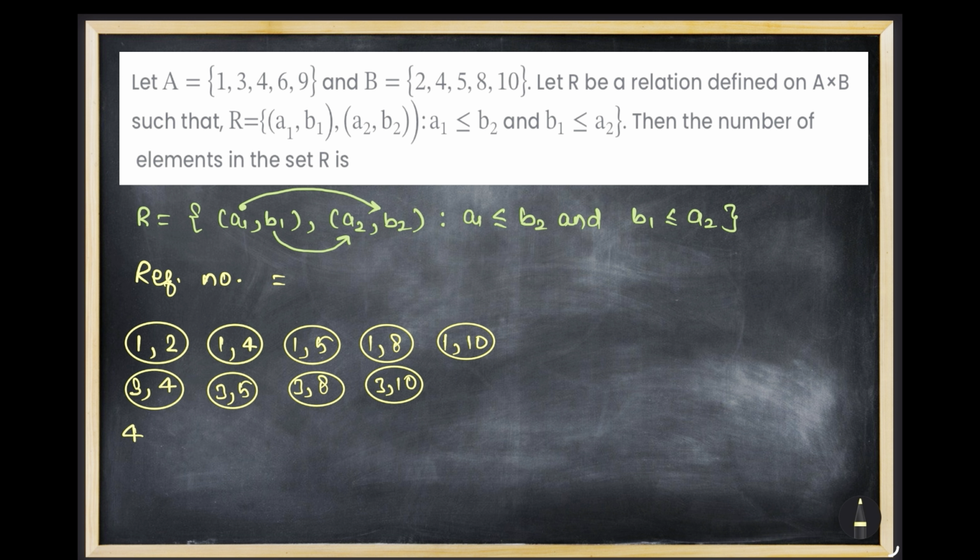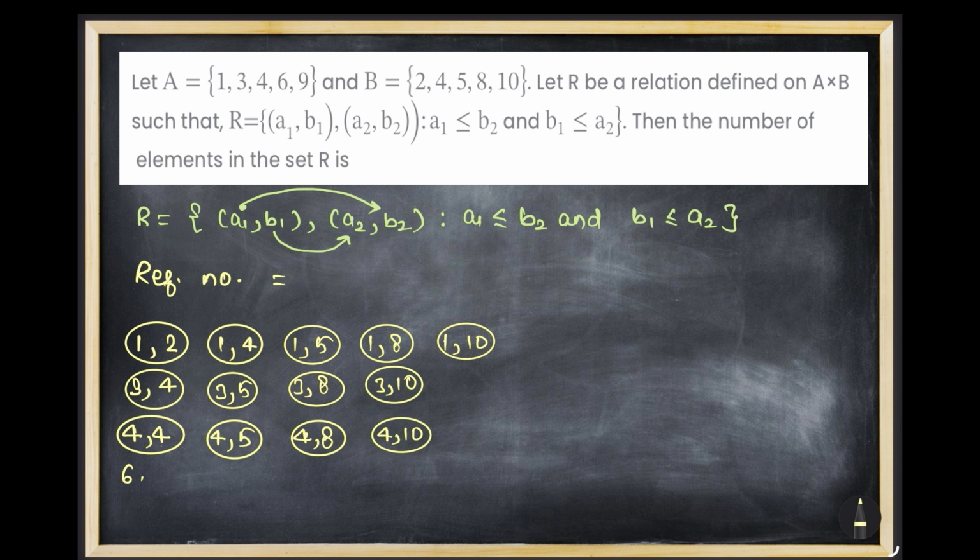Now 4. 4 will be connected with 4 because we have to take greater than or equal to, so that is okay. Then we have 4 with 5, 4 with 8, 4 with 10. Okay, 4 is done.